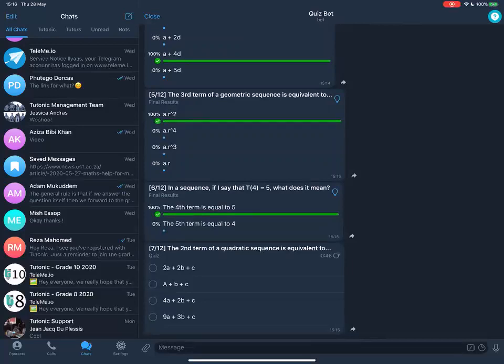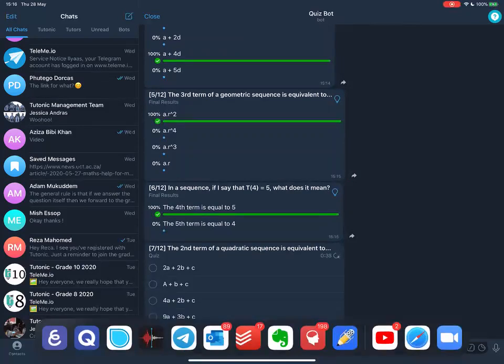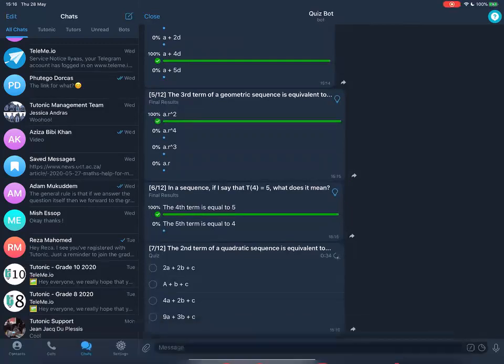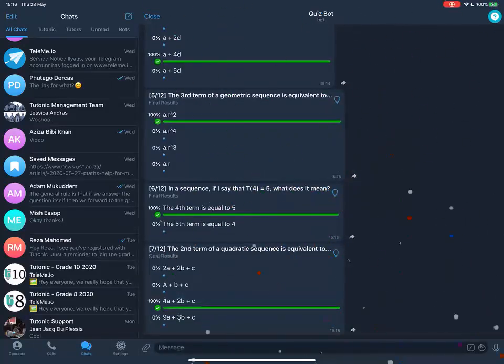Substitute 2 into n. It's an squared plus bn plus c, so if you sub in 2 for n, it's just going to be 4a plus 2b plus c. Okay.